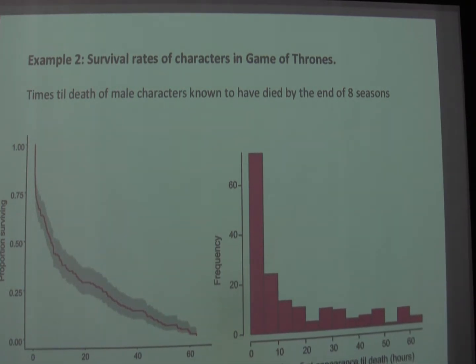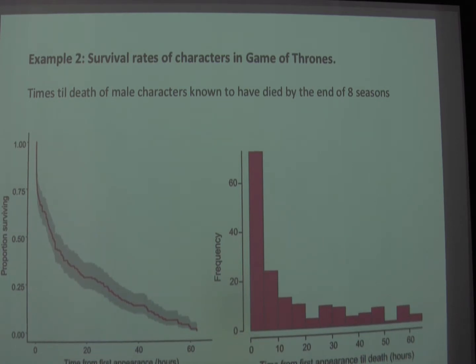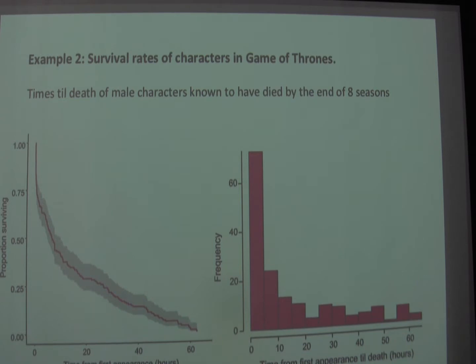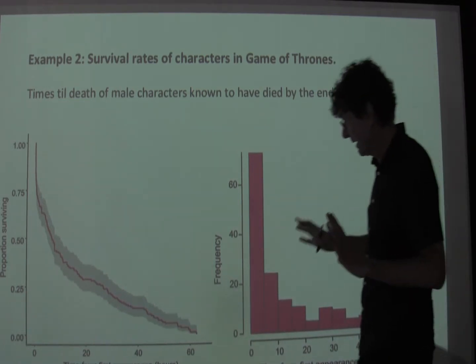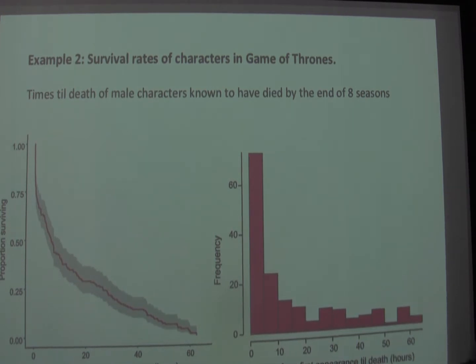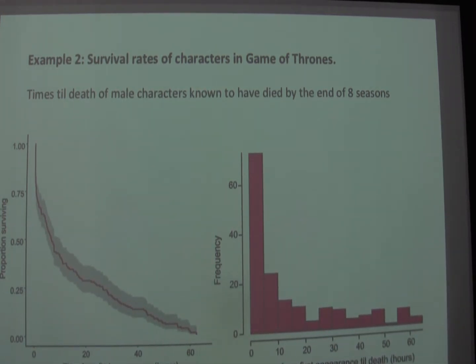So what I'm going to do, just to simplify it, is include in my analysis only the characters that died before the end of the show. I'm forgetting about the ones that lived and just asking, of those characters that died, how long did it take them? So here's a frequency distribution of times till death.